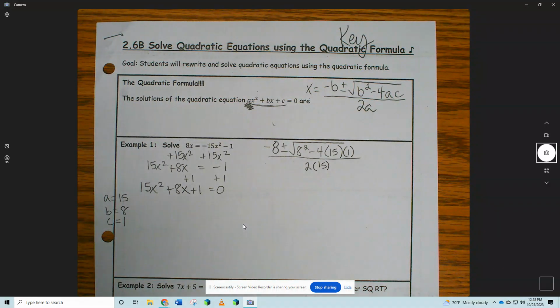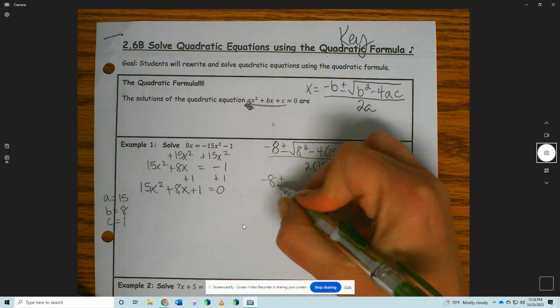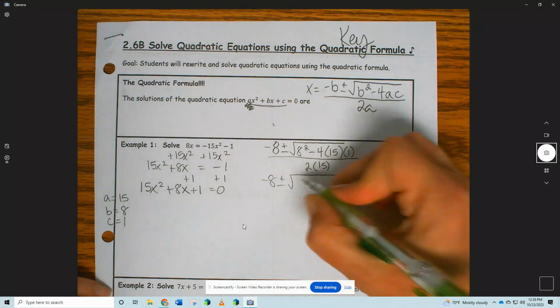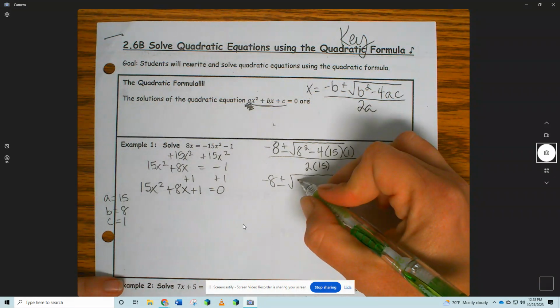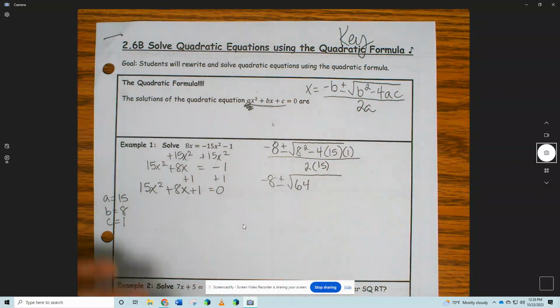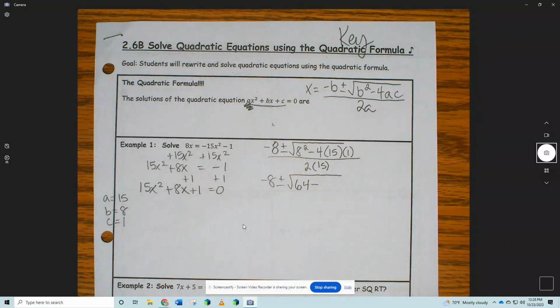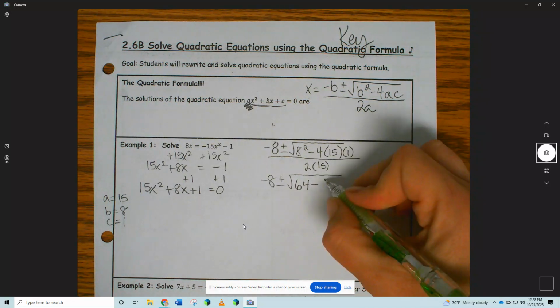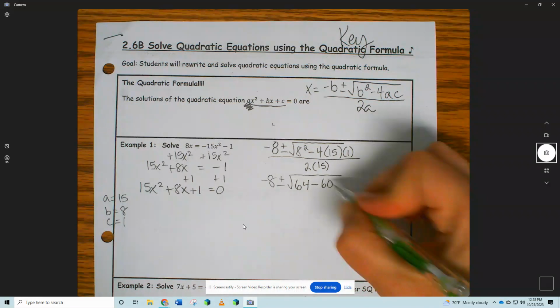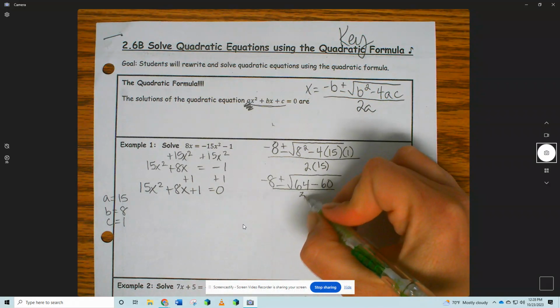Okay. 8 squared is what? 64. Okay, 4 times 15. 60. All over 2 times 15. 30.